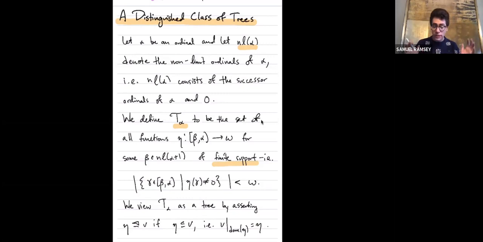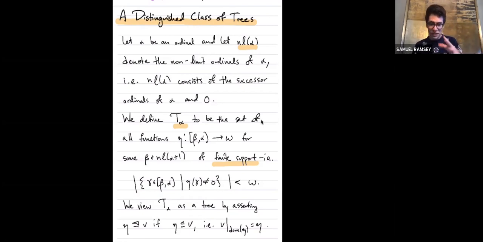So if alpha is a successor, then that's a perfectly well-defined thing I can plug in, and I will get the empty function. However, if alpha is a limit, then alpha is not an element of the non-limits of alpha plus 1, and that means it's not permissible as a starting point of my function. So the empty function is not an element of my tree.